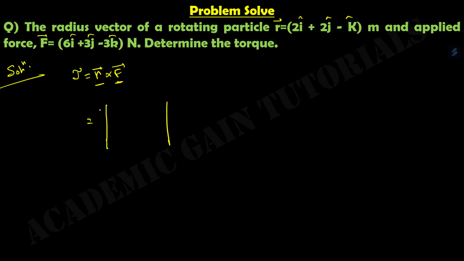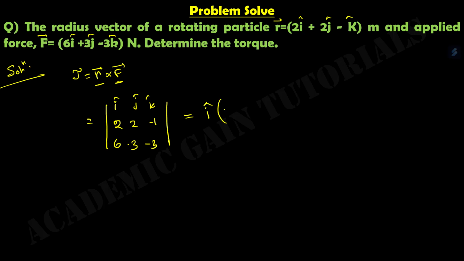To use cross multiplication we use a determinant. So this is our i, this is our j, this is our k. For r we write 2, 2, minus 1, and for f we write 6, 3, minus 3. Now we will use the formula for the determinant.